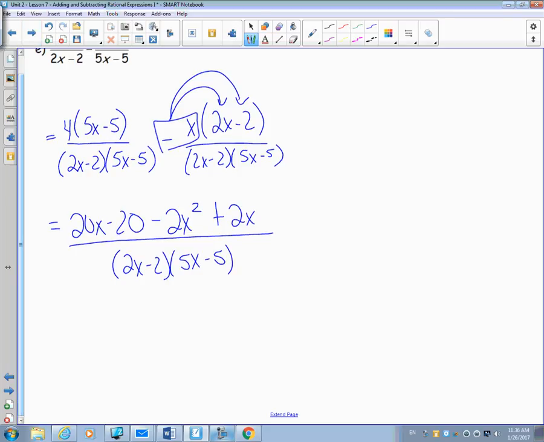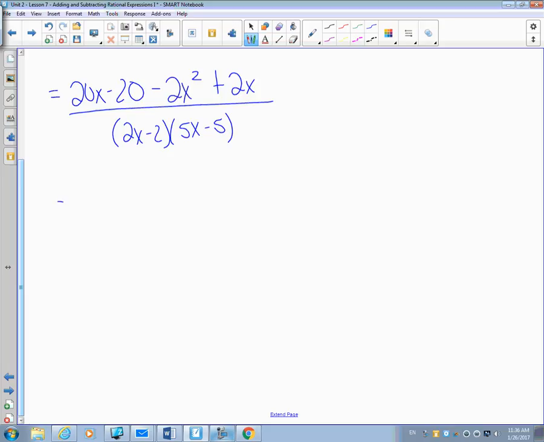All right, we've got one fraction. Let's simplify it. Collect our like terms. Negative 2x squared plus 22x minus 20, all over 2x minus 2 and 5x minus 5.